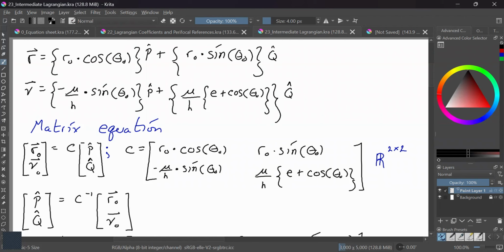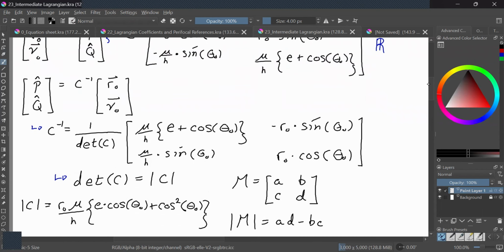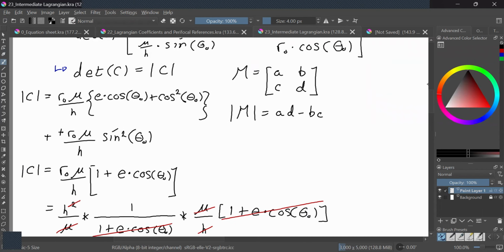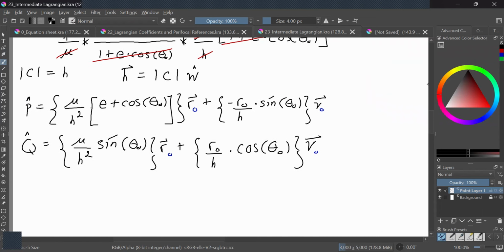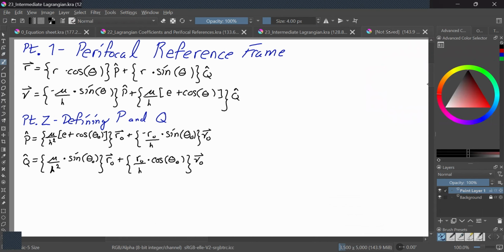We then reversed the equation so that we could find what P and Q are. So we have definitions for R and V, and we have definitions for P and Q. And I think that's enough of the alphabets for us to get started with today's video.